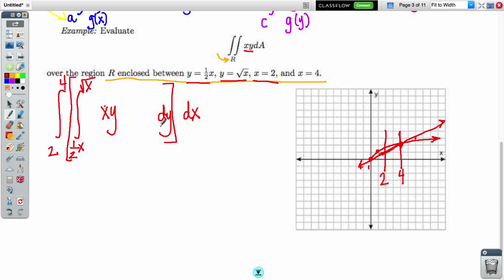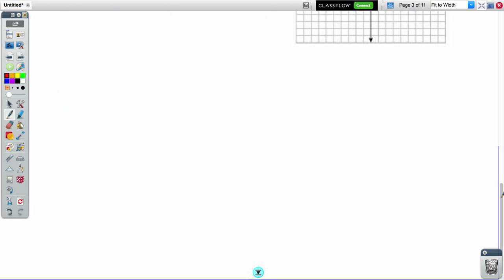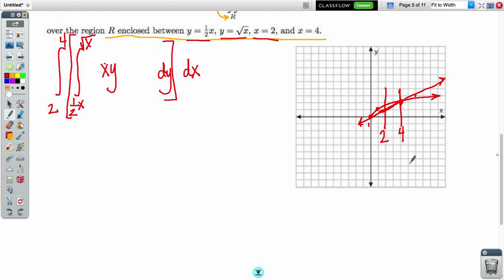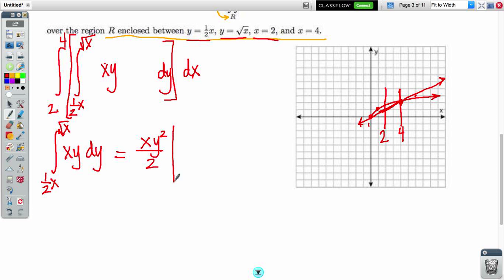And when we're integrating with respect to y, remember that x is a constant. So I just treat it like I would a 5 in the integral. So I'm actually going to do this separately here. I'm integrating from 1/2 x to the square root of x of xy dy. Now, x is a constant in this case, so my integral is going to be x times y squared over 2, and I'm evaluating that from 1/2 x to the square root of x.